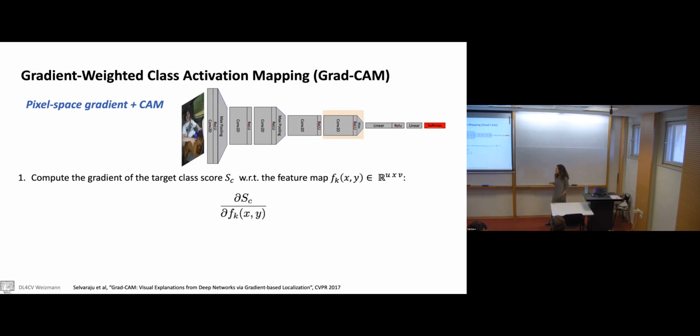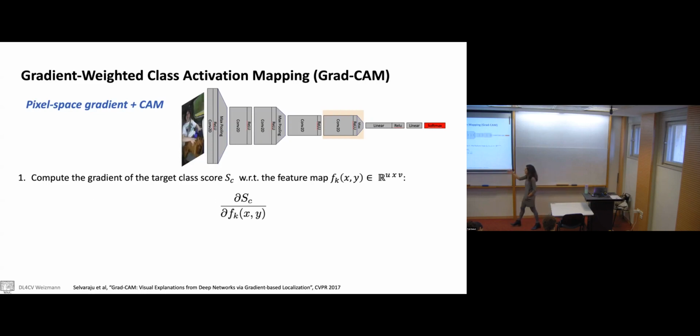And now we're going to apply the backpropagation technique with respect to this feature map instead of just for pixels. So we're going to ask how my classification score is going to change if I change each value in this feature map F^k. I'm going to compute this gradient here. It's exactly the same as we've done with the saliency backpropagation, only not with respect to pixels, but with respect to a feature map at some layer.